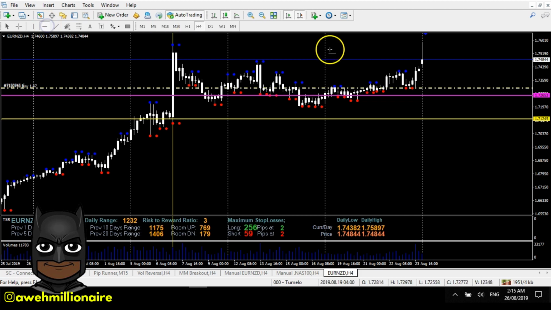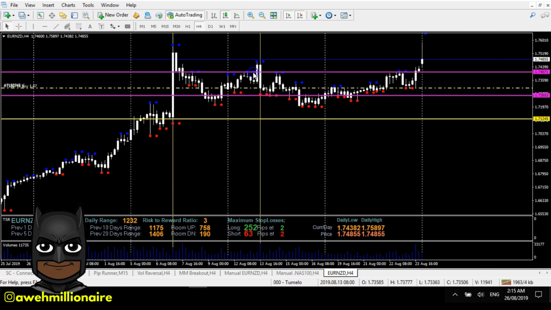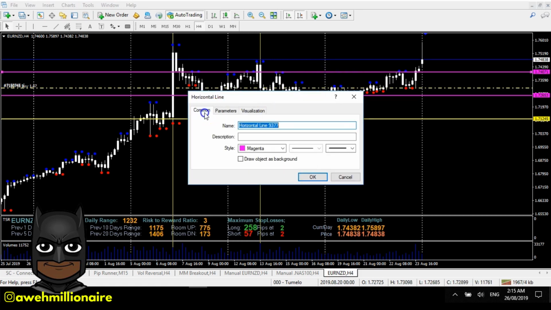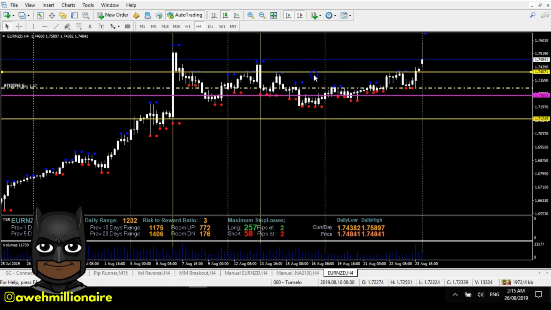And then we also had a supply zone right over there, and the actual zone was over there. So let's change that back to yellow so we can clearly identify supply and demand: demand zone, supply zone, with the support of the volume to identify it.